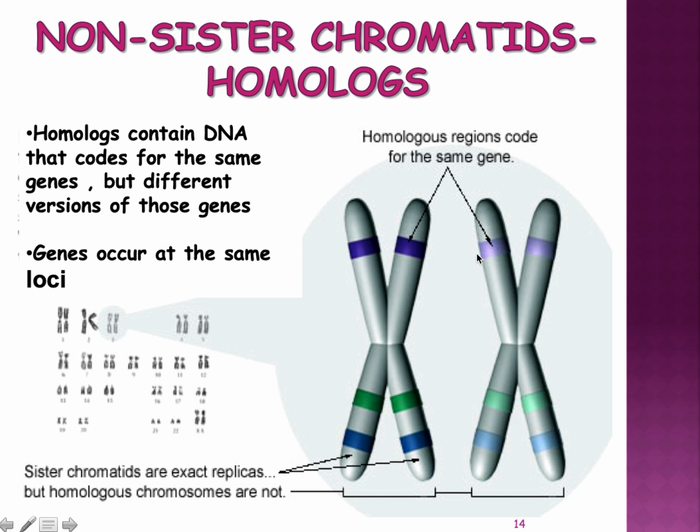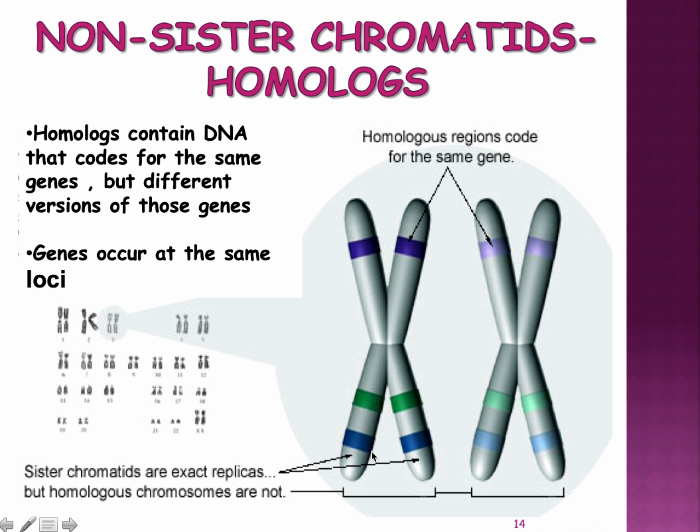Okay, so those are still coding for the same gene, right? Eye color, but you're getting two different results. They're just different versions of that gene. While they both code for eye color, the dark purple will be blue eye color, and the light purple will be a green eye color.